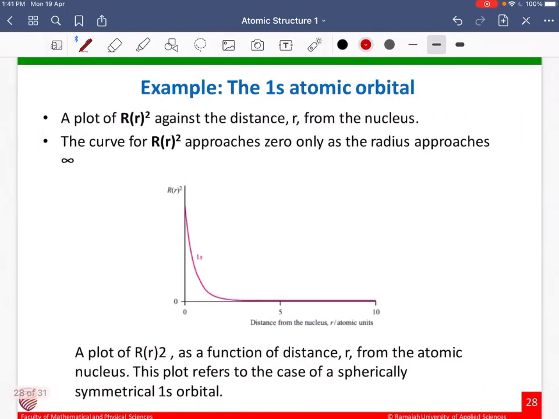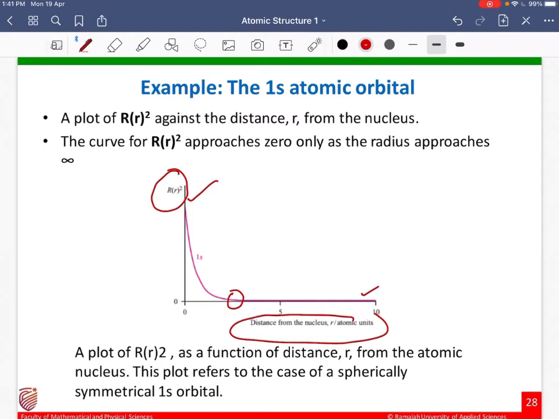And if you draw a graph where we are plotting R R square against the distance from the nucleus, we can see that the maximum R R square value is very near to the nucleus, and the value of R R square is decreasing as we move away from the nucleus. At a particular point the value becomes minutely small, not zero, minutely small.